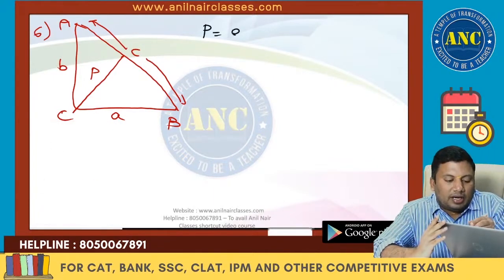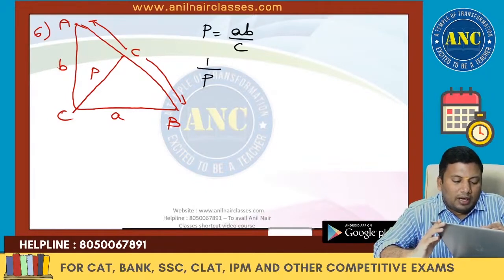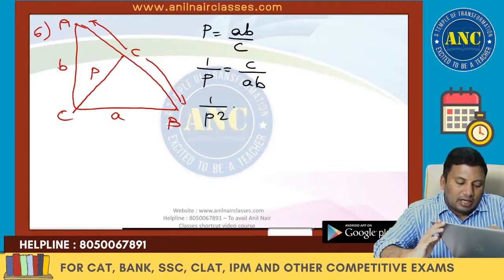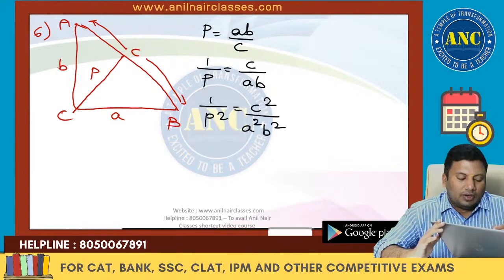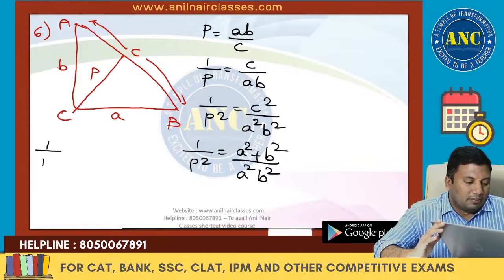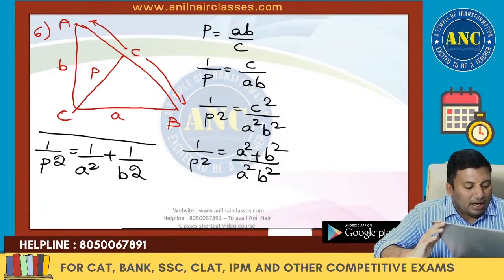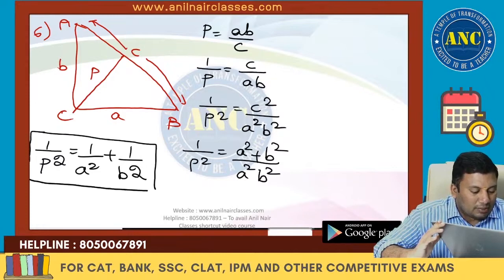P is nothing but AB by C. 1 by P is nothing but C by AB. 1 by P square is nothing but C square by A square B square. That is A square plus B square divided by A square B square. So 1 by P square is equivalent to 1 by A square plus 1 by B square. Very, very important learning. Please make a note of it.